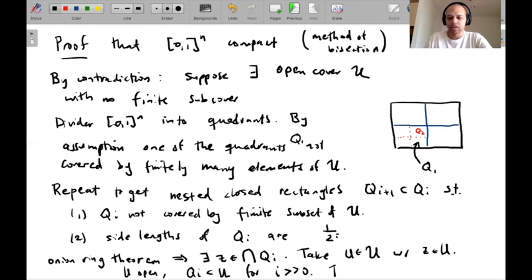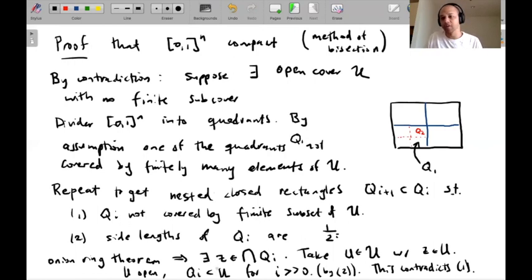But this, by property 2, contradicts property 1, that the Q_i's are not covered by a finite subset.